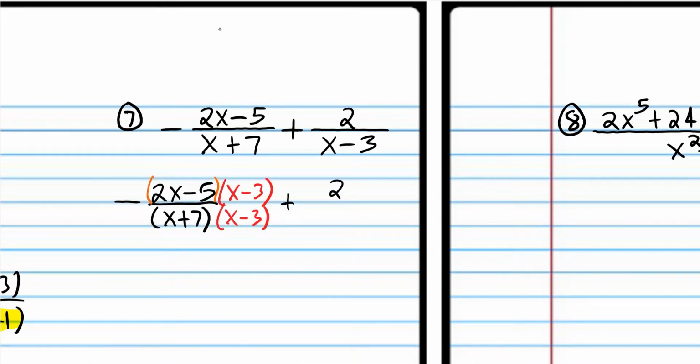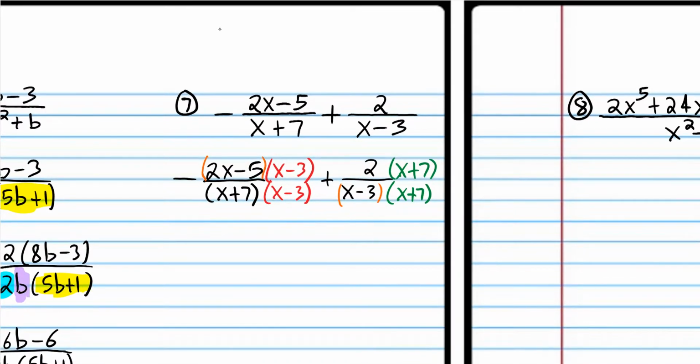And I'm going to multiply both sides of this other fraction. Again, I must put orange parentheses. Obviously, they don't have to be orange, but I'm going to multiply both sides of that equation by x plus 7. And why am I doing this?